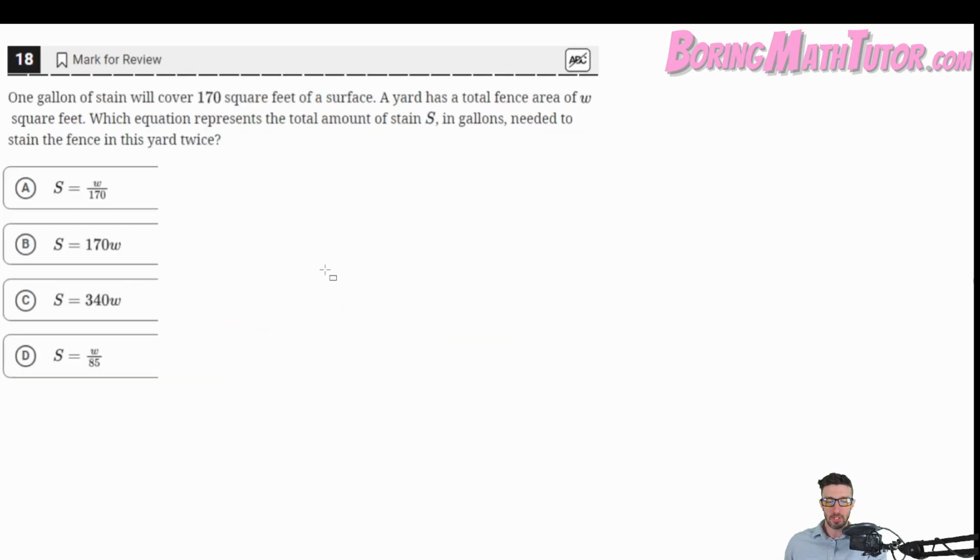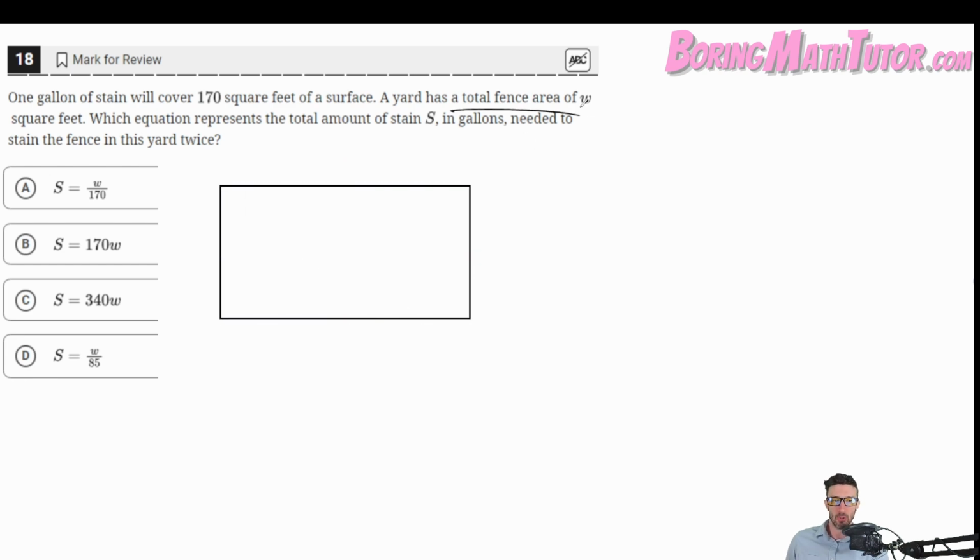All right, we got a person here that has a fence, and the fence has a total area of W square feet. So I'm just going to say that the area here is W square feet. And it says, which equation represents the total amount of stain S in gallons?